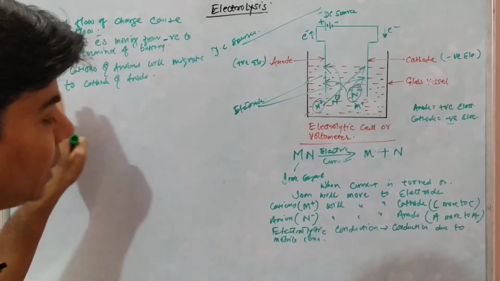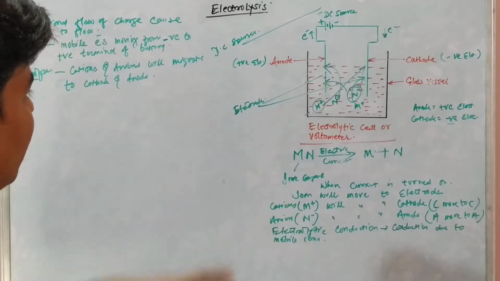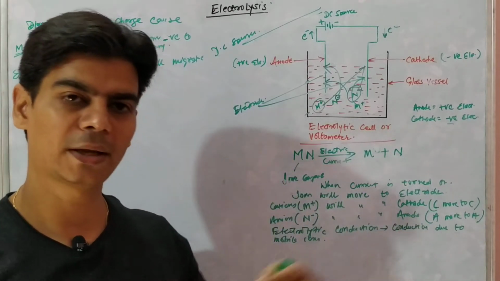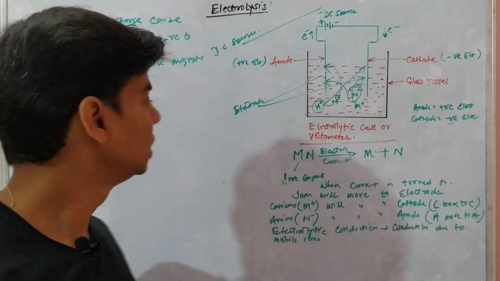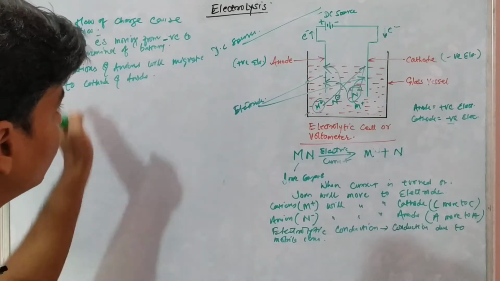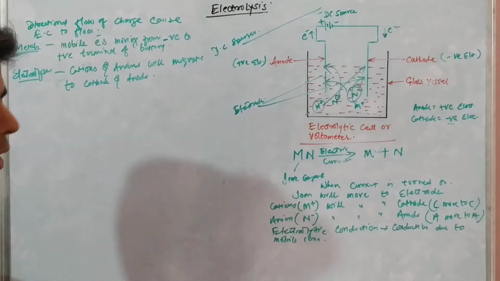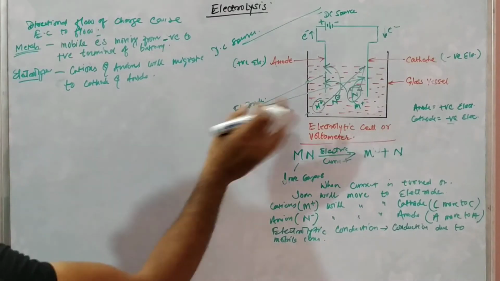Since now we have directional flow of charge for cations and anions, cations are moving towards the direction of cathode, anions are moving towards the direction of anode, right? So now this movement of ions will allow electric current to flow through this electrolyte.